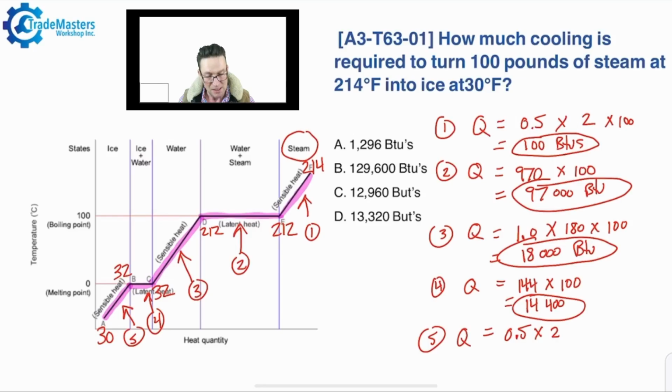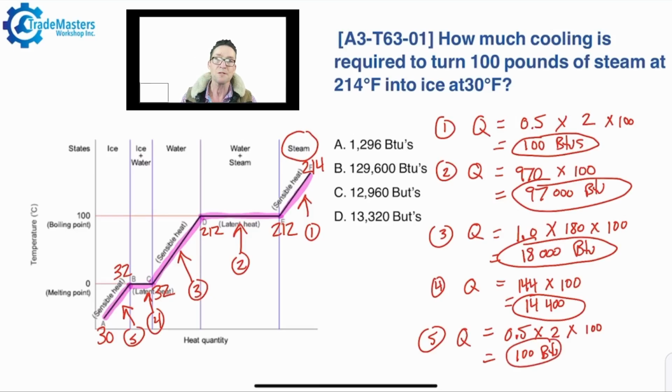So our delta T is 2 degrees. And of course, we have 100 pounds. So we're going to add all that up. Hopefully I don't run out of room on the screen. 0.5 times 2 times 100 is equal to 100 BTUs.